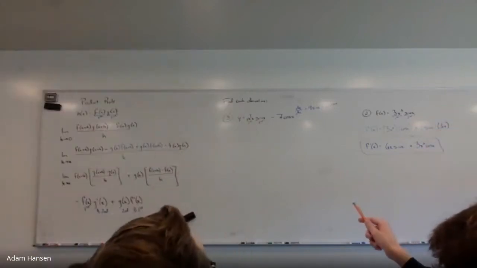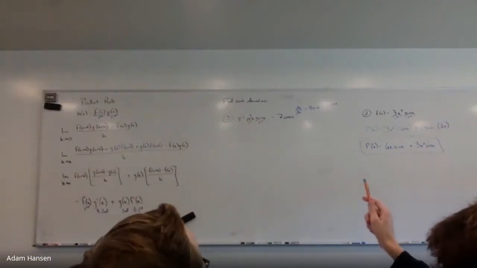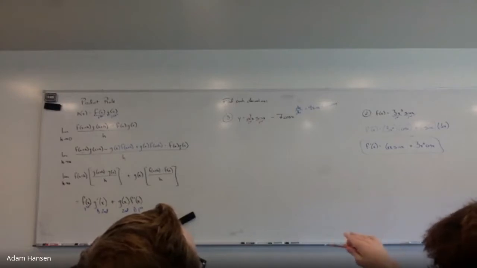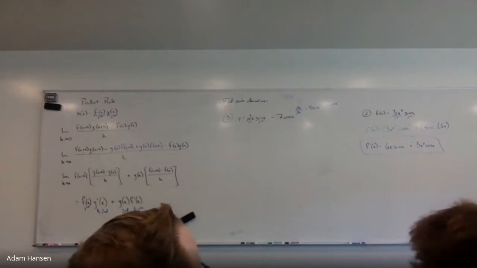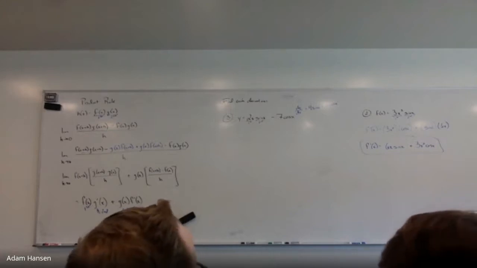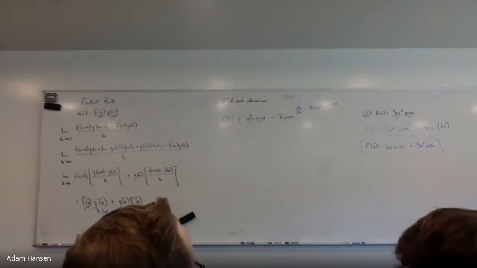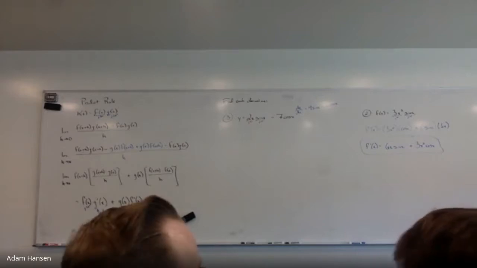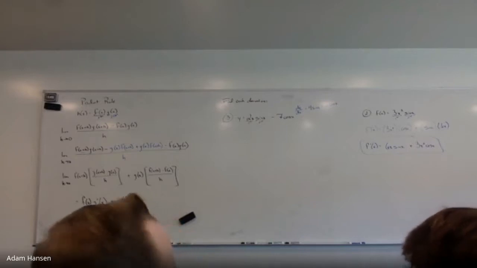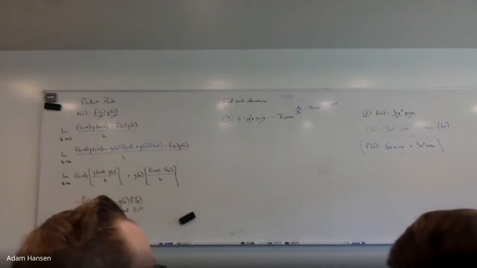Now, do you really need product rule for 7 cosine x? I mean, you can. What's the derivative of 7 cosine x? Wouldn't it just be 7 times the derivative of cosine x? Because it's a constant times a function, not a function times a function.